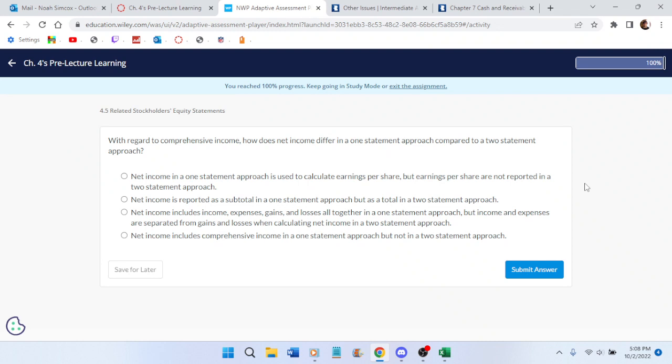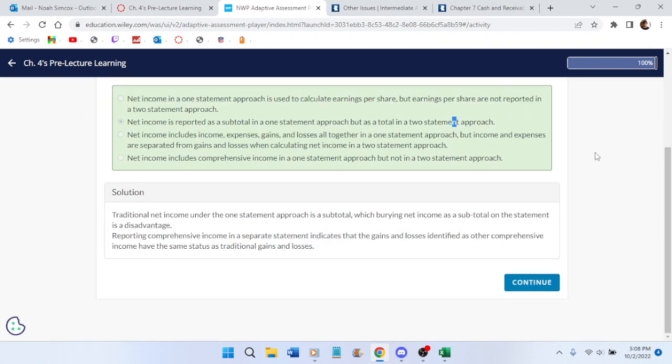In one statement, I mean, that's gotta be right. Yes. Traditional net income under one statement approach is a subtotal which varying net income as a subtotal on the statement is a disadvantage.